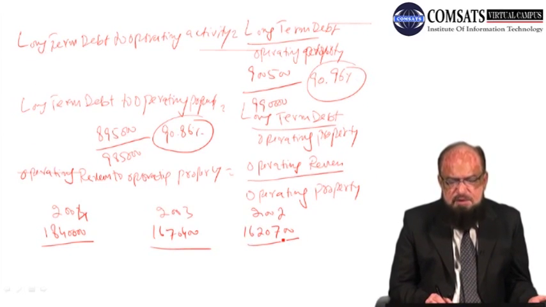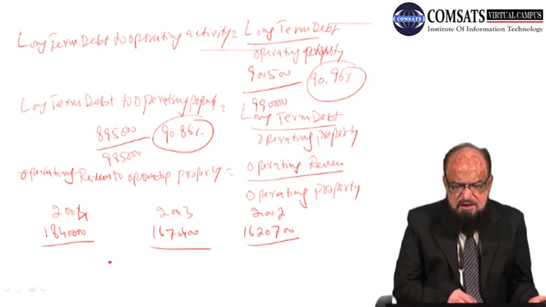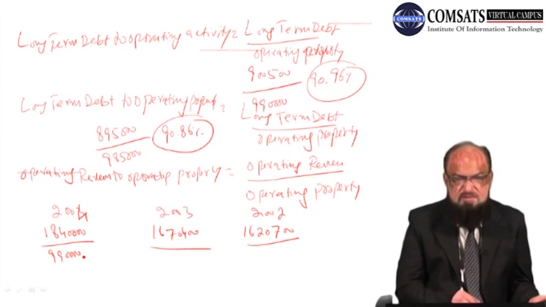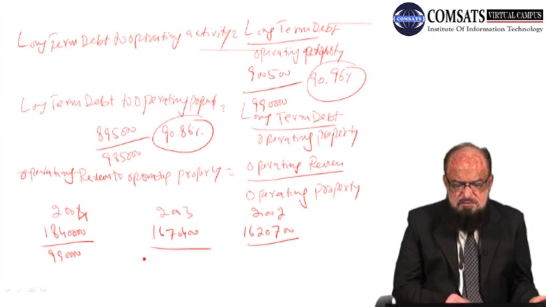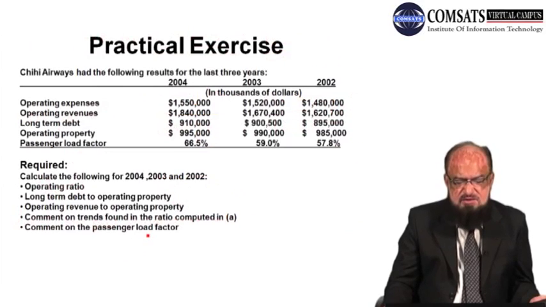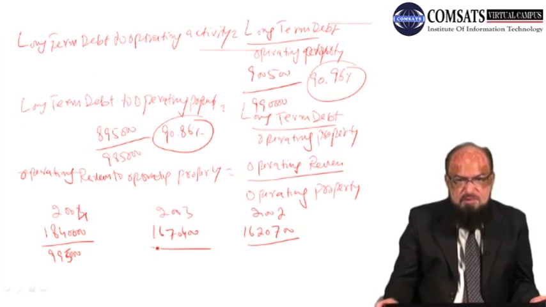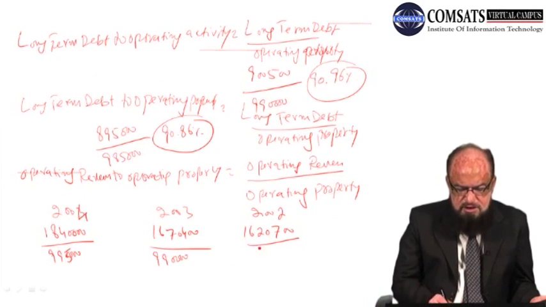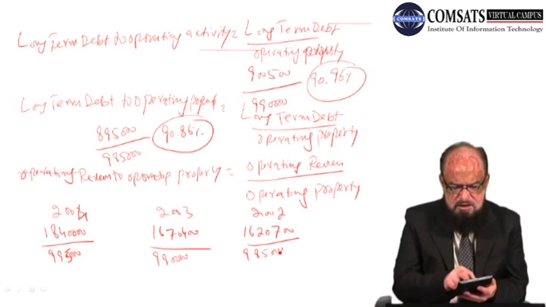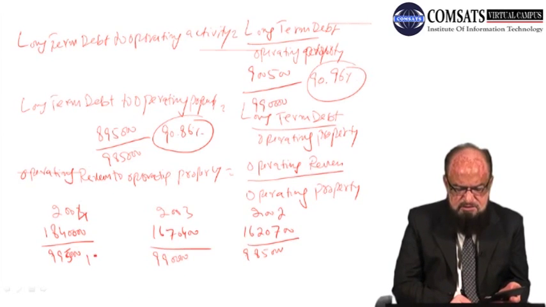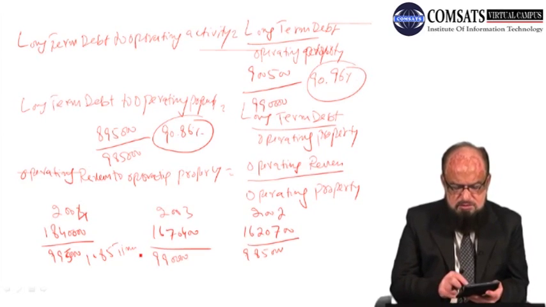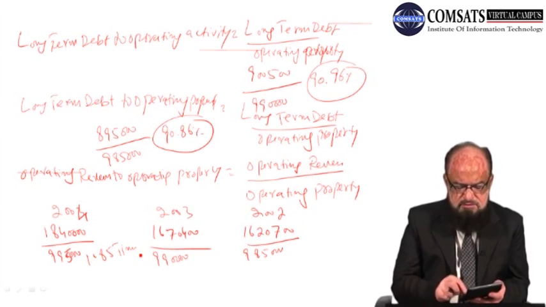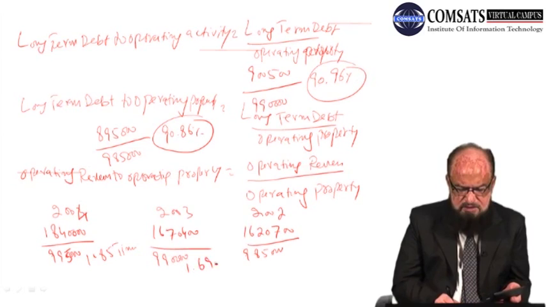We will divide by operating property, which is given: 995,000 for year 2004, then for year 2003 990,000, then 985,000. Divide them all. 18,40,000 divided by 995,000 is 1.85 times. Then 1,670,400 divided by 990,000 will be 1.69 times.